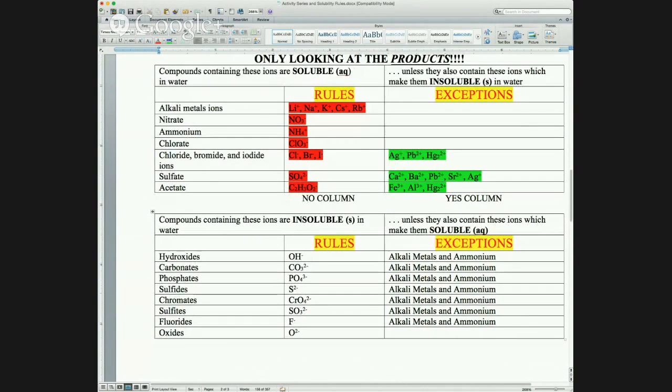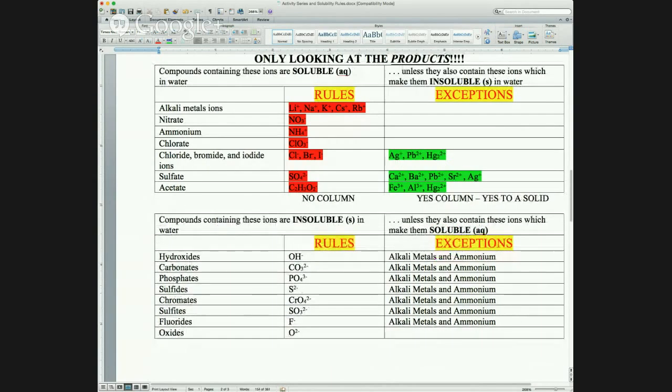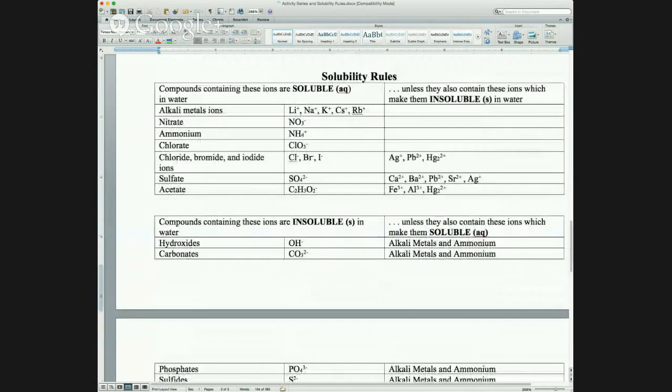Now, that gets flipped over here because yes column means yes to a solid, because that's what we're looking for. Let me back that up a little bit. Yes to a solid. No column. That didn't work very well. No to a solid. Okay? That's really what we're asking. Did a solid get formed?